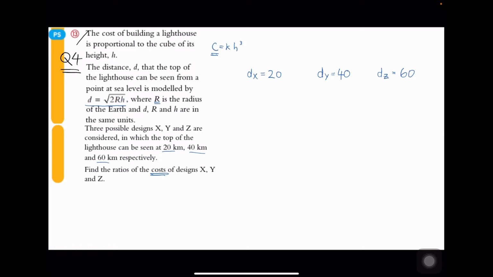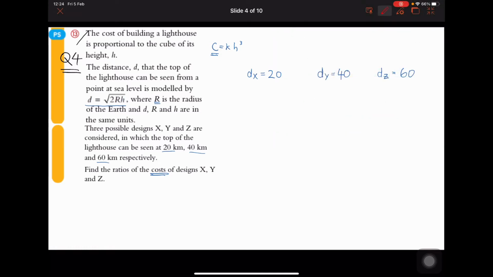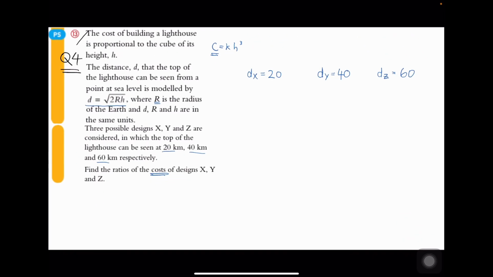Let's change the pen color. Sorry. d equals root 2rh. I'm going to rearrange. Alright, d squared equals 2rh. And then d squared over 2r equals h.